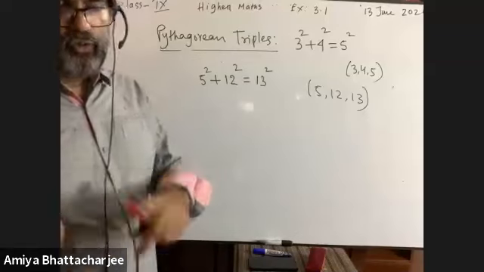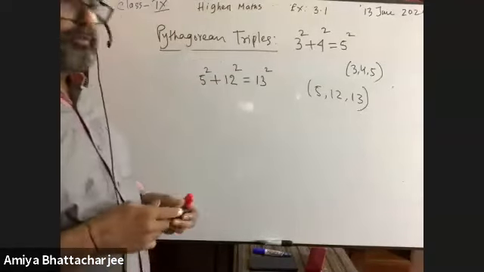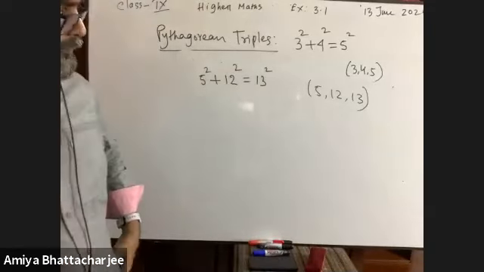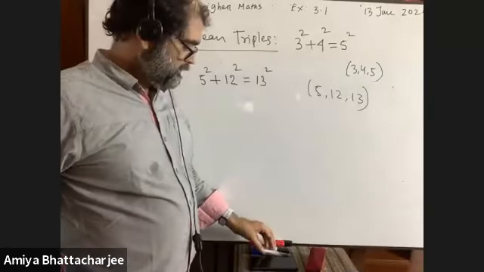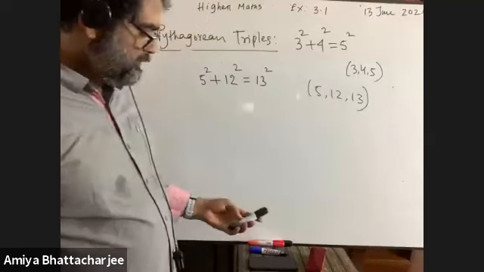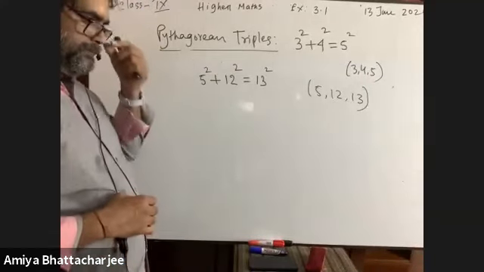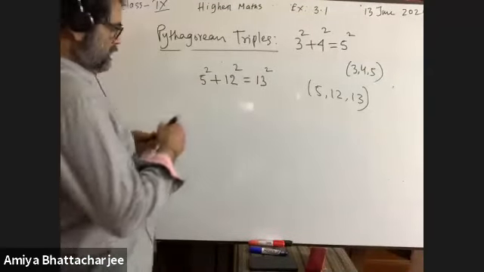Is there any student here who can give me an example of Pythagorean triples? Please let me know. Raise your hand, please, if you know the answer. I can give you another example.